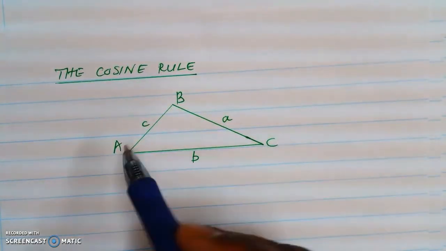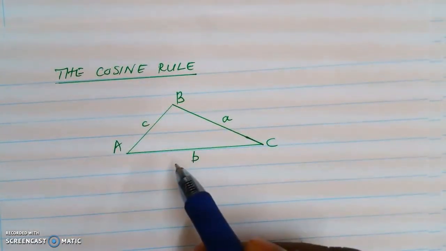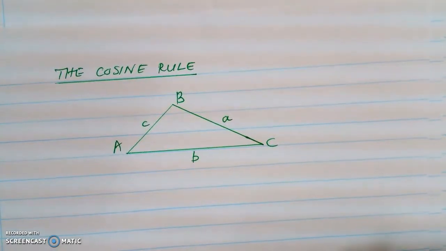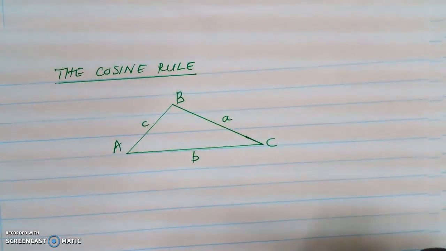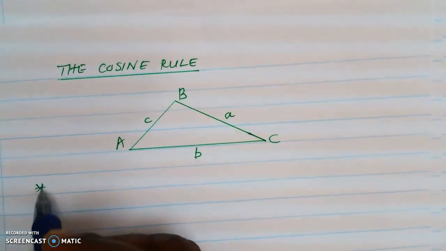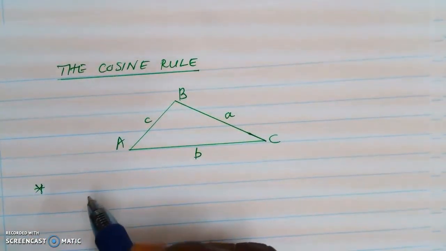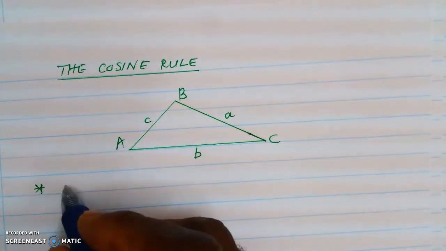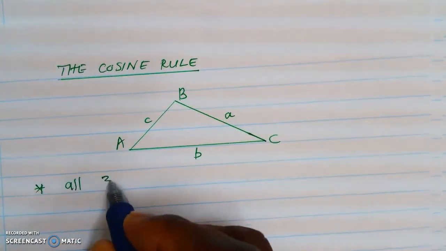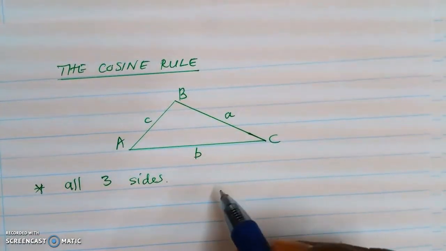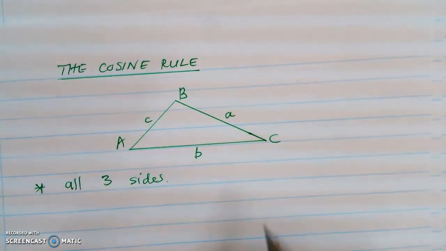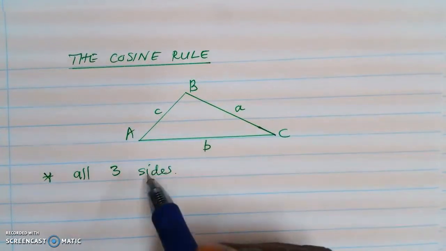And once again, that's our triangle ABC with those lengths given. Now, when do we use the cosine rule? There are two situations that you will encounter. You will be given all three sides, and you must find an angle, and no angle is given.